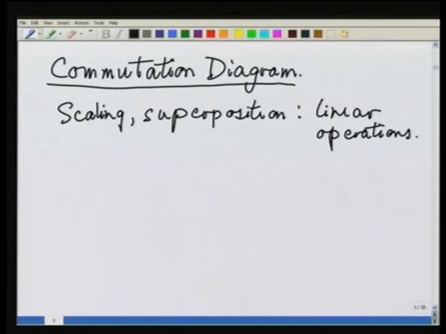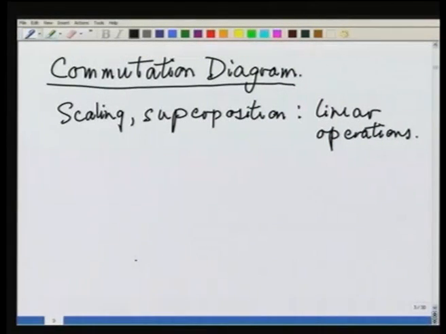So, what I will now point out is that the property of linearity, if possessed by a system, is simply equivalent to commuting the linear operations with the system itself. So, suppose I start with x 1 of t or x of t.